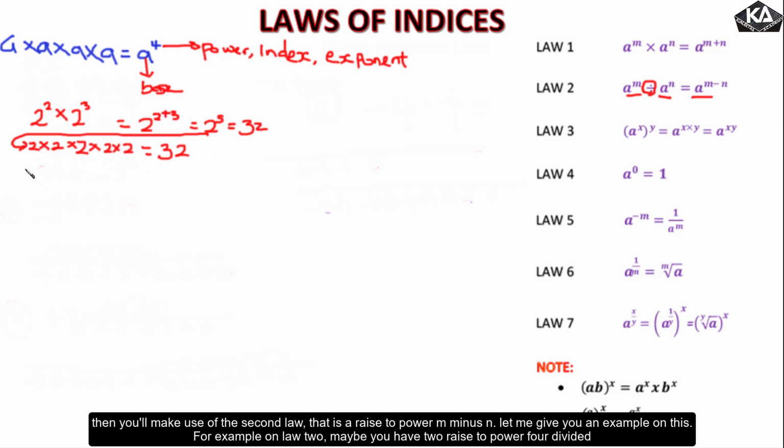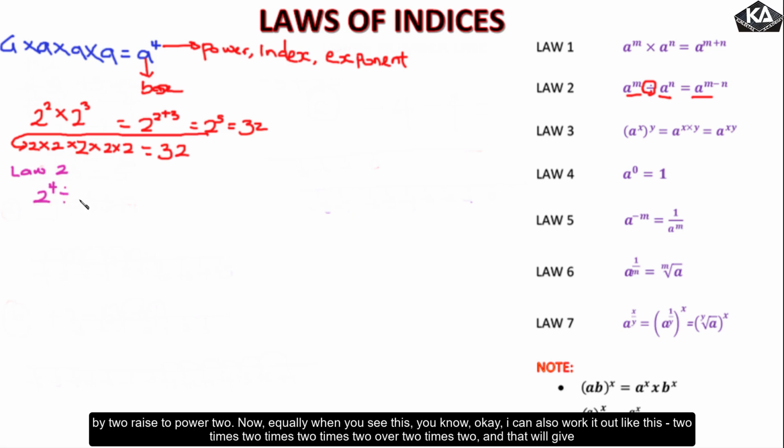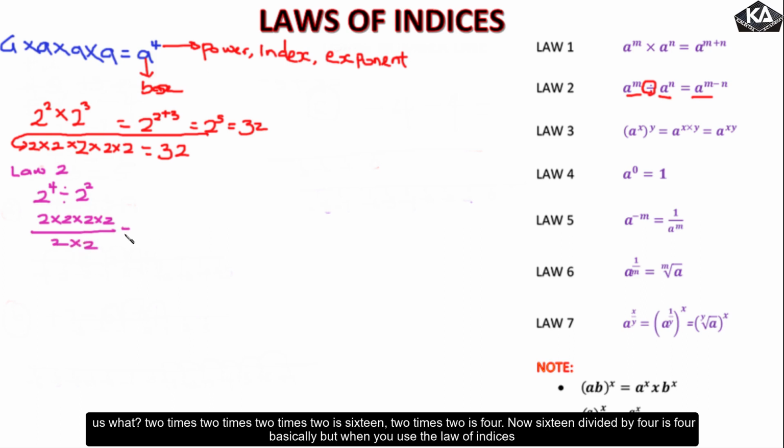For example, on law 2, maybe you have 2 raised to power 4 divided by 2 raised to power 2. We can also work it out like this: 2 times 2 times 2 times 2 over 2 times 2. 2 times 2 times 2 times 2 is 16, and 2 times 2 is 4. 16 divided by 4 is 4, basically.